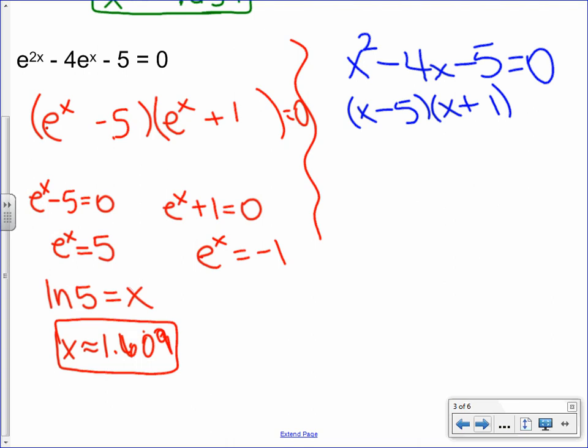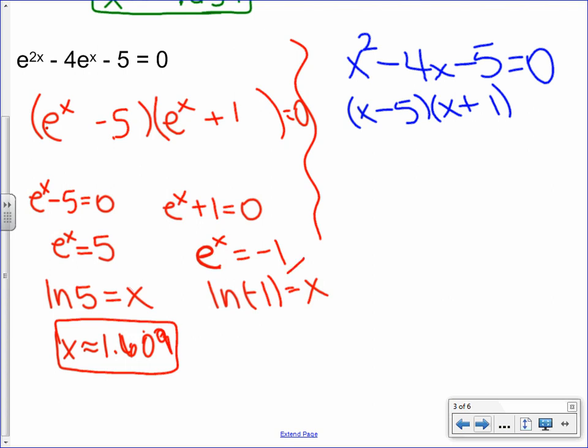How do we rewrite this to solve for x? Natural log of negative 1. Can we take e to a power and get negative 1?